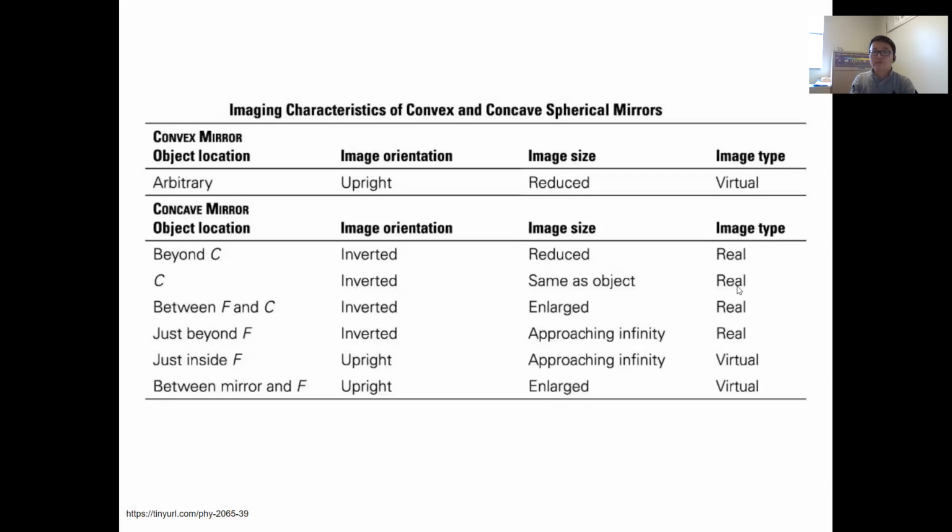It should be easy to do, but that gives you extra practice on forming the image, okay, to find the image. So in that sense, on those special locations, center of curvature, on the focal point, on the side that is just beyond the focal point, or on the focal point towards the side that's just inside the focal point. Okay, so those.